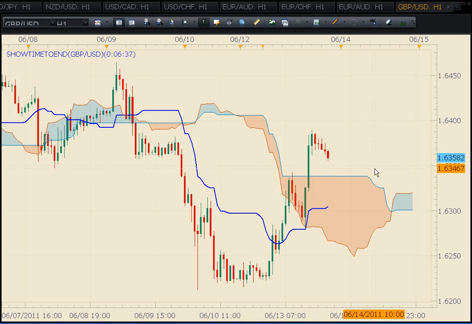So that's how you use that. And I just wanted to take time to show that's another part of the Ichimoku system. This system has everything in it that you need to trade profitably. And if you just follow the rules and be patient and wait for the setups, you will be profitable.